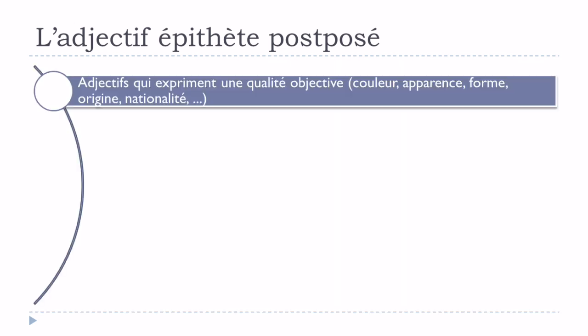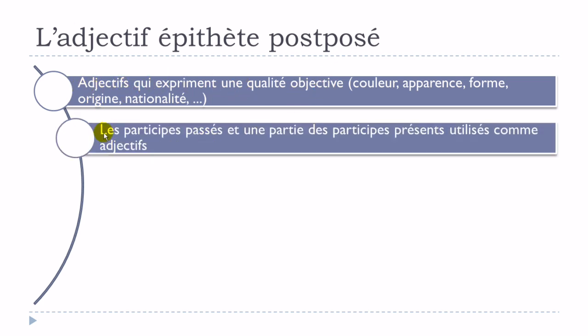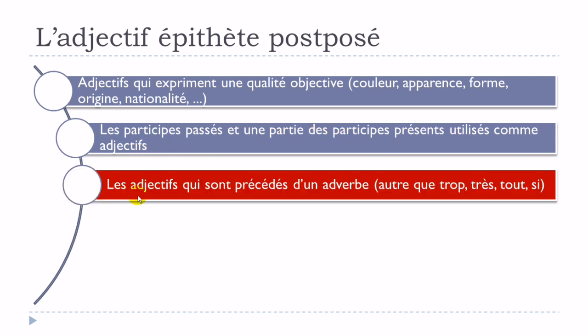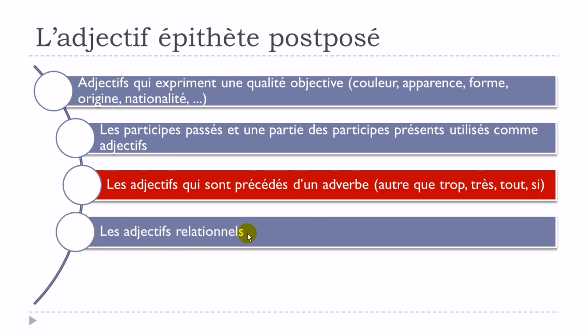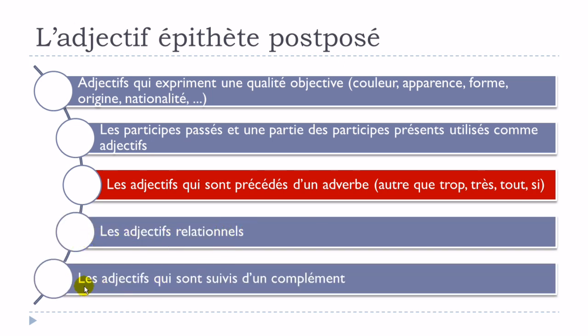So remember that we've been seeing all the adjectives that belong to this group, épithète postposé. We were talking about les adjectifs qui expriment une qualité objective, then les participes passés et une partie des participes présents utilisés comme adjectifs, les adjectifs qui sont précédés d'un adverbe, but we're not talking about trop, très, tout or si, les adjectifs relationnels, and the last one was les adjectifs qui sont suivis d'un complément.